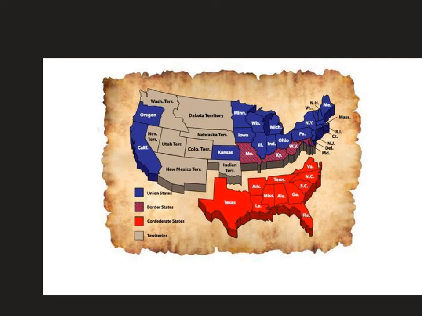And just to give you a general idea of what states were for what, blue's Union, this color is going to be border state people from both sides, and then red is going to be Confederate. And remember, Union means the North, Confederate means the South. And that's it for today.